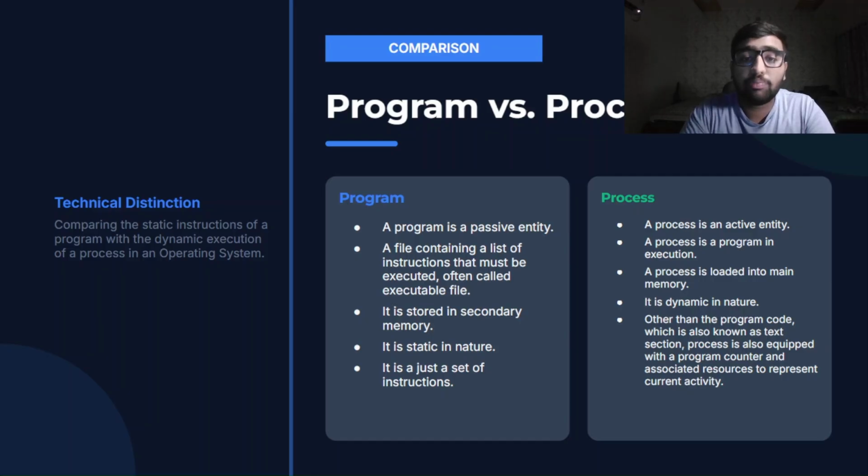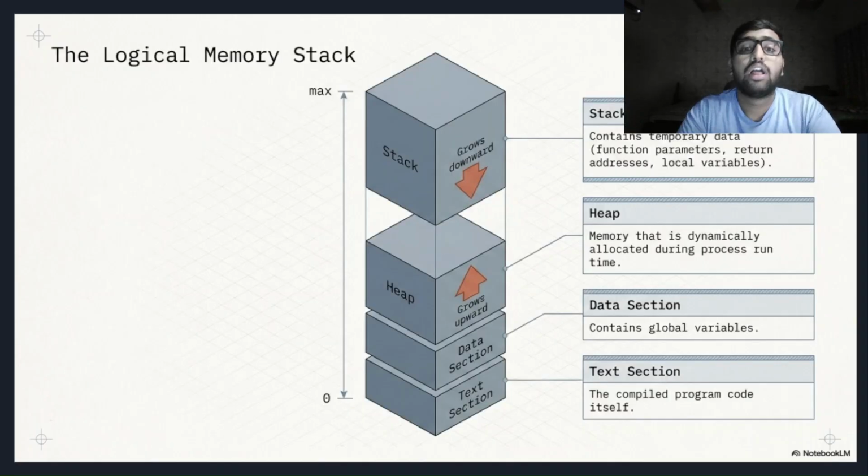For a given program, there can be several processes, but they do not share the same memory. They only share the same text section, whereas each different process has its own program counter and associated resources, even if all processes are associated with a single program.